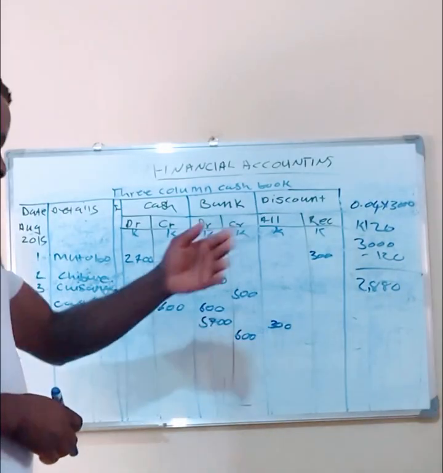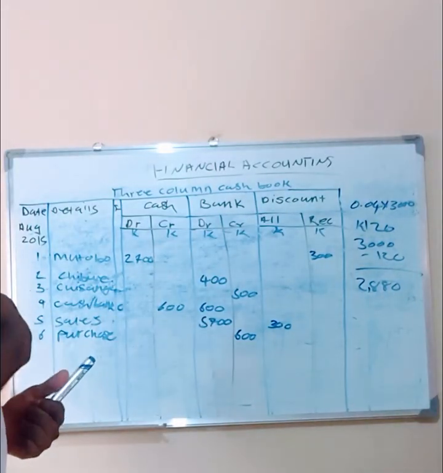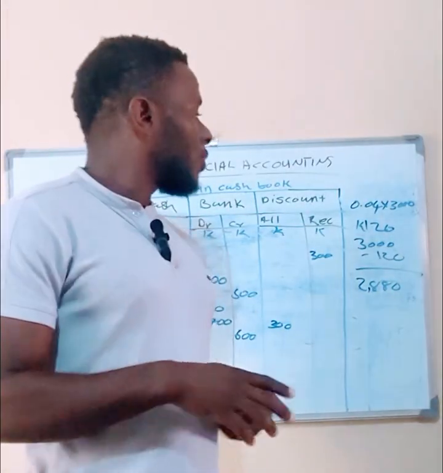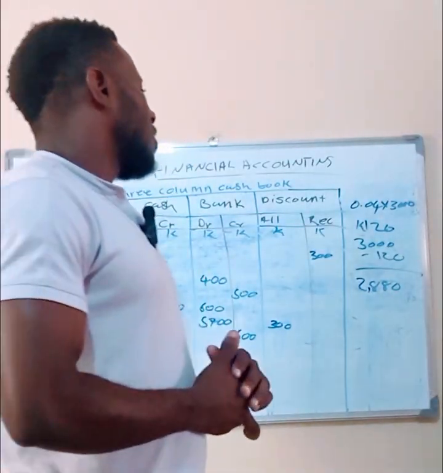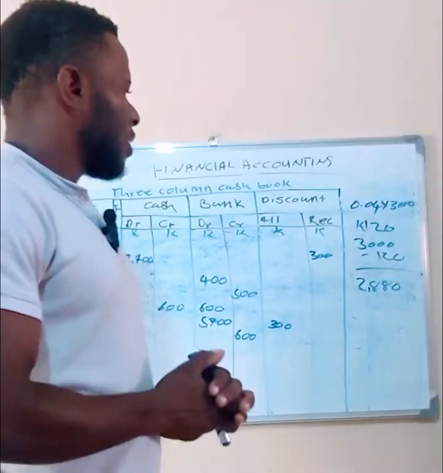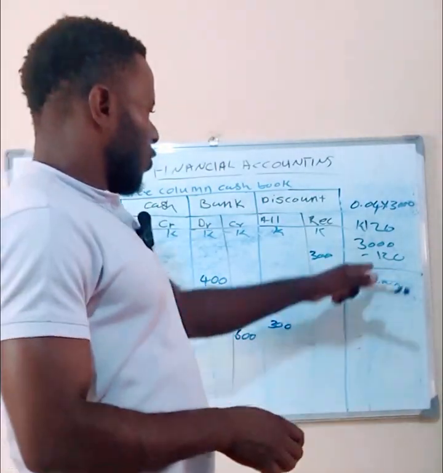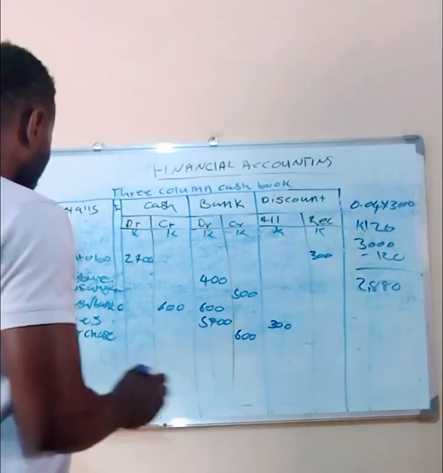So that 120 was a discount that was allowed. This is the discount that we received, and we ended up paying 2,880.